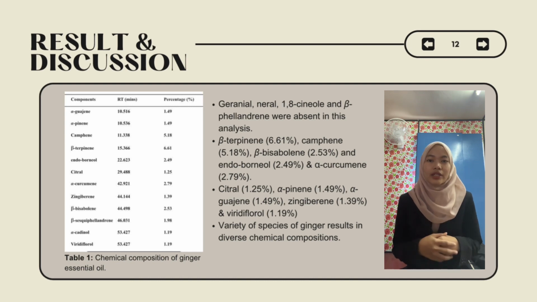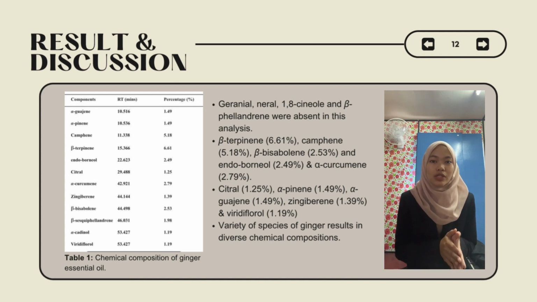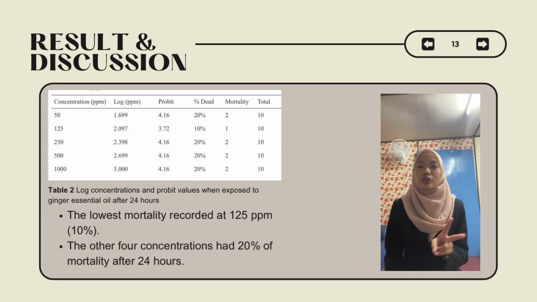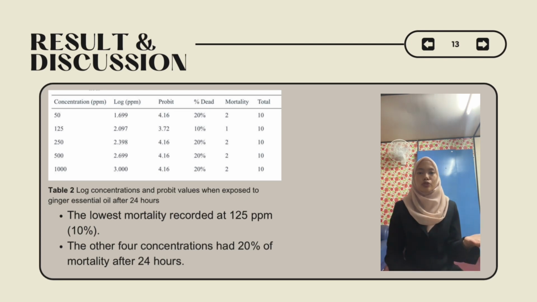However, another three major compounds like geraniol, 1,8-cineole, and beta-phellandrene from reported research were absent in this analysis, as varieties of ginger can result in diverse chemical compositions, which means not all compounds can be major in certain ginger.